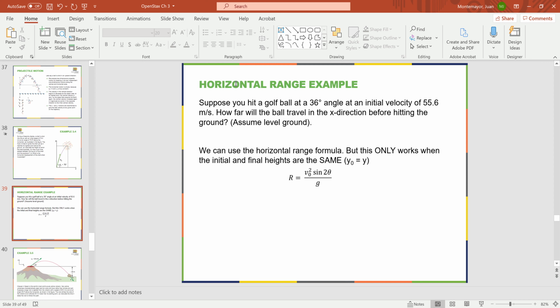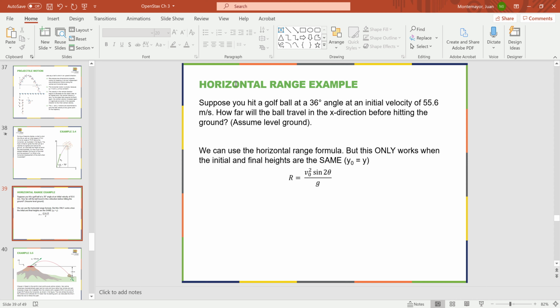So for a horizontal range example, suppose that you hit a golf ball at a 36 degree angle at an initial velocity of 55.6 meters per second. How far will the ball travel in the X direction before hitting the ground? So we can assume the horizontal range formula, but this only works when the initial and final heights are the same. So let's say that we throw a ball on a football field.